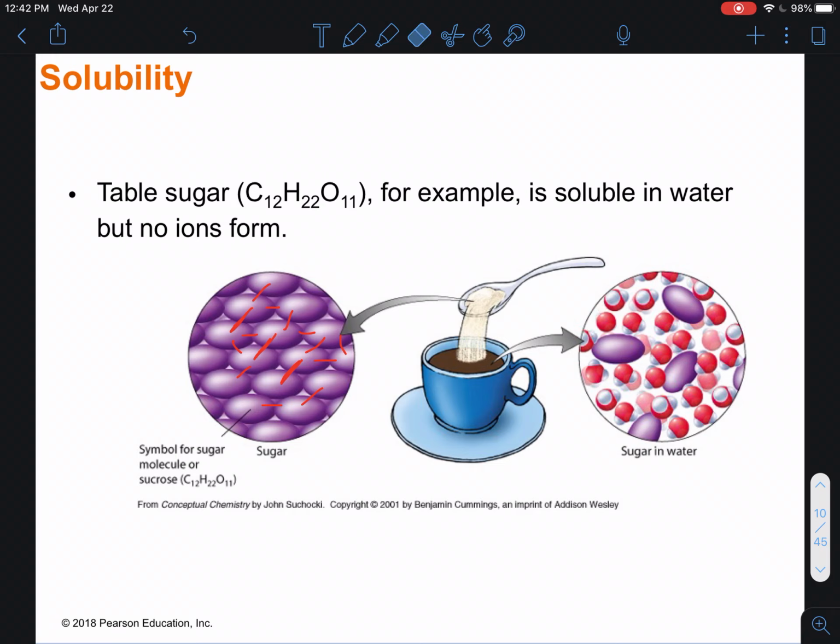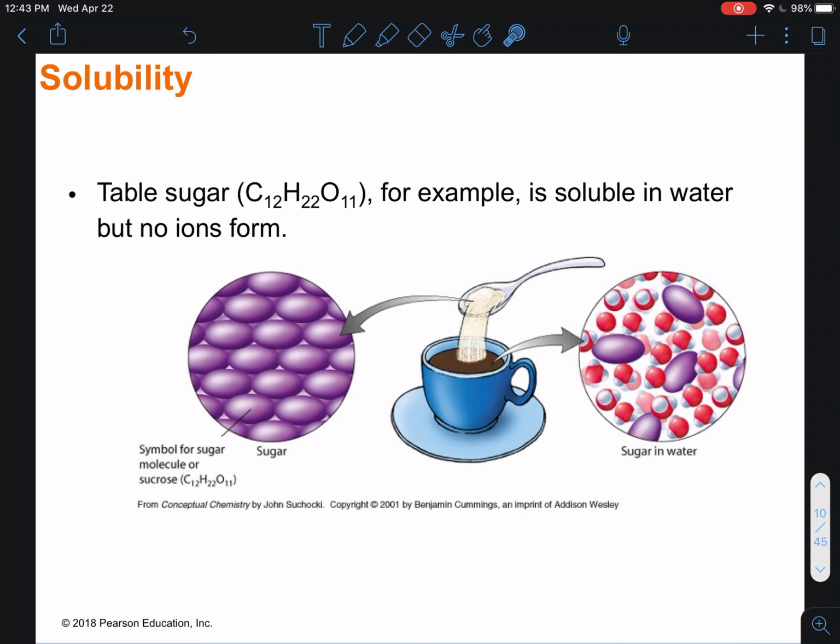So we start seeing these attractive forces disappear. They go away, and the sugar molecules separate from each other. They're surrounded by water molecules, similarly to how water molecules surround the chloride anions and the sodium cations.